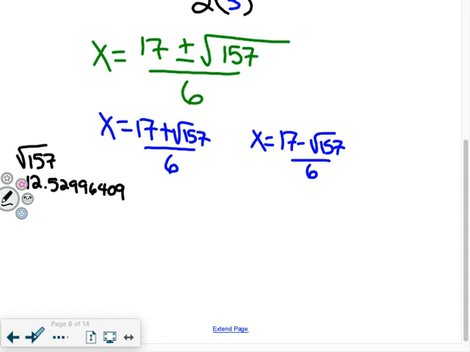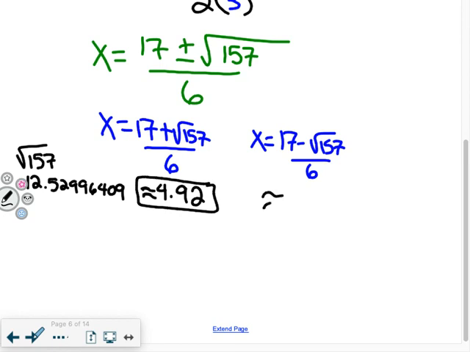So I'm going to take 17 plus that 12.5 and then divide that by 6. If we do that, we get an answer of 4.92, rounding to 2 places, approximately.